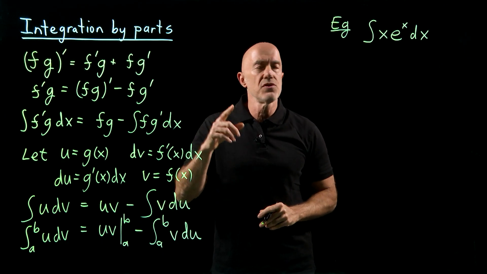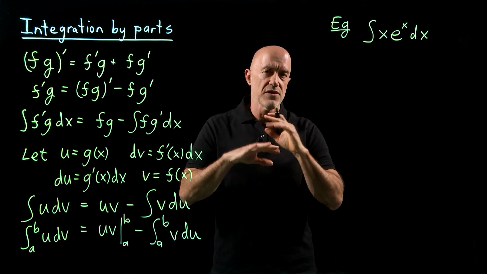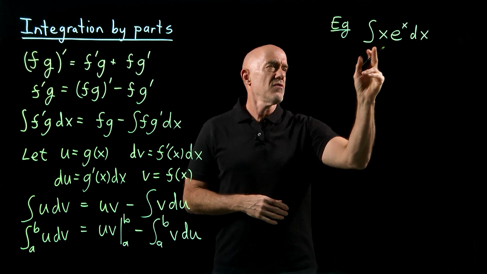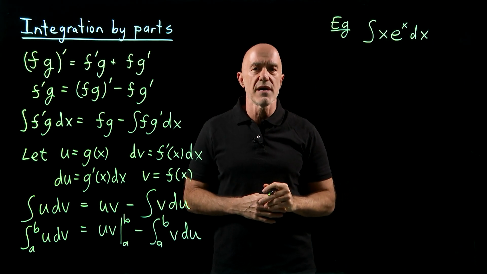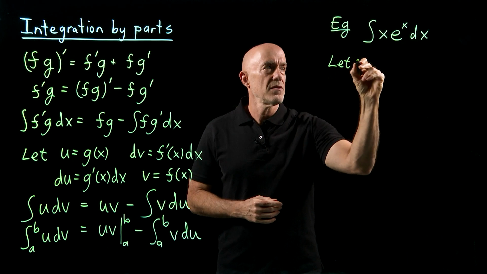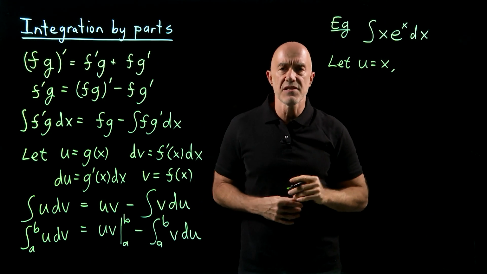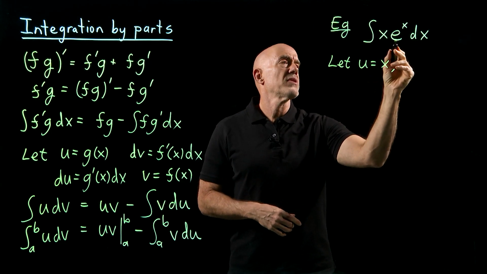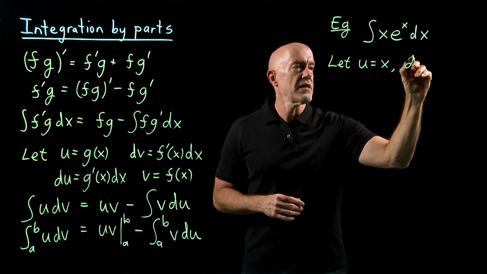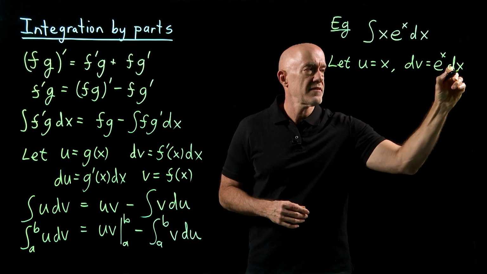We would like u to be easily differentiated so that when you take the derivative, the integral will become easier. We know the derivative of x is 1, so that's a very good candidate. So let u equals x. Then dv has to be something that's integrable. The exponential function is very easy to integrate, so we can let dv equals e to the x dx, right?